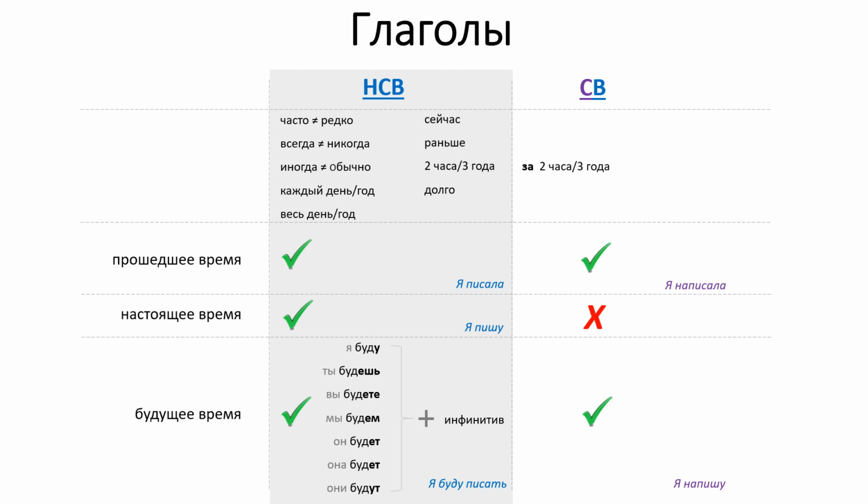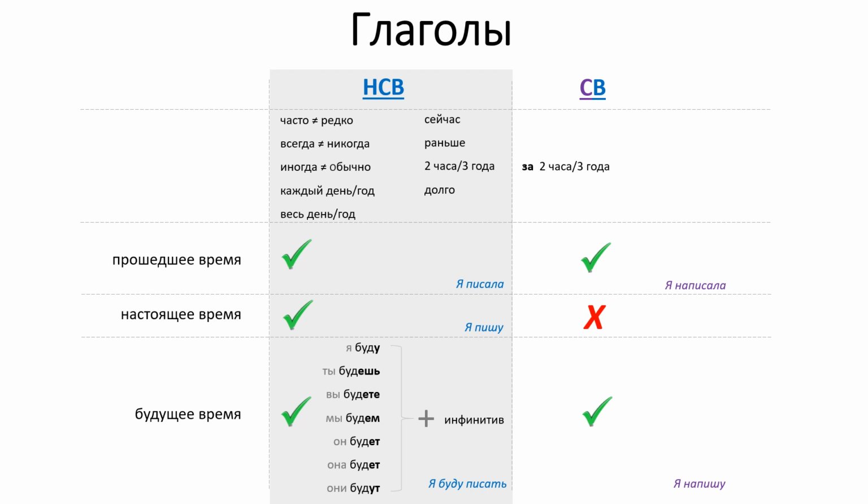For speaking about the future, the NSV verbs are used in their infinitive form with will be doing something. Will be is conjugated, while the NSV verb remains in its infinitive form. Я буду писать, I will be writing, or I will write every day, for example.